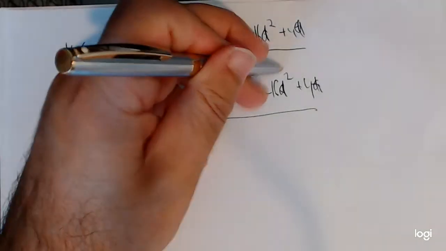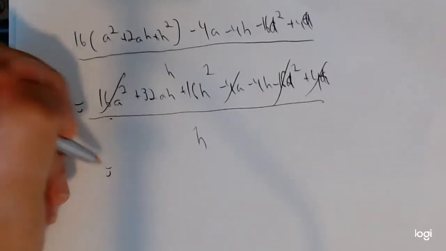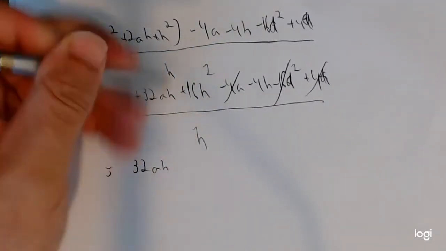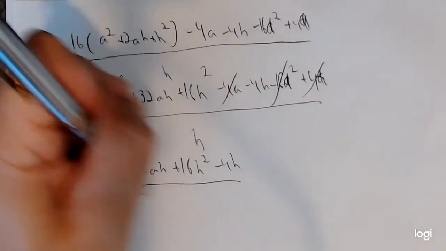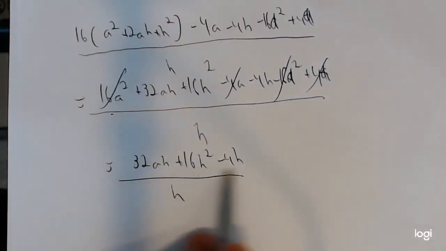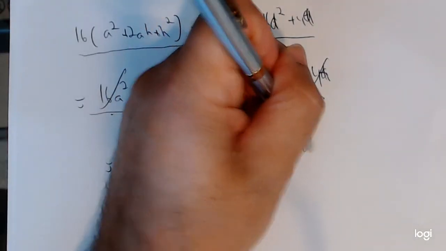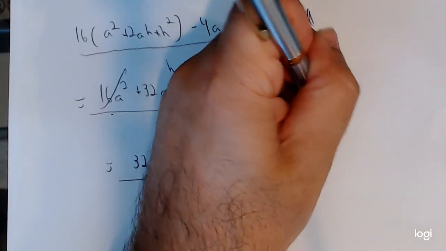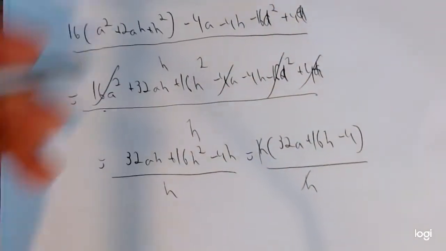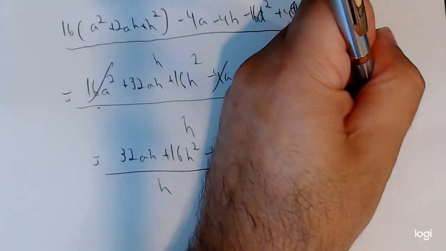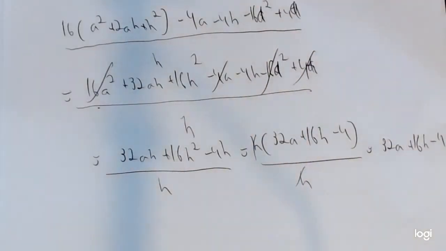The 16a squareds cancel out, and then the 4a's cancel out, and what am I left with? 32ah plus 16h squared minus 4h all over h. And now I could factor out an h, which gives me 32a plus 16h minus 4. These h's cancel out, and I get 32a plus 16h minus 4.